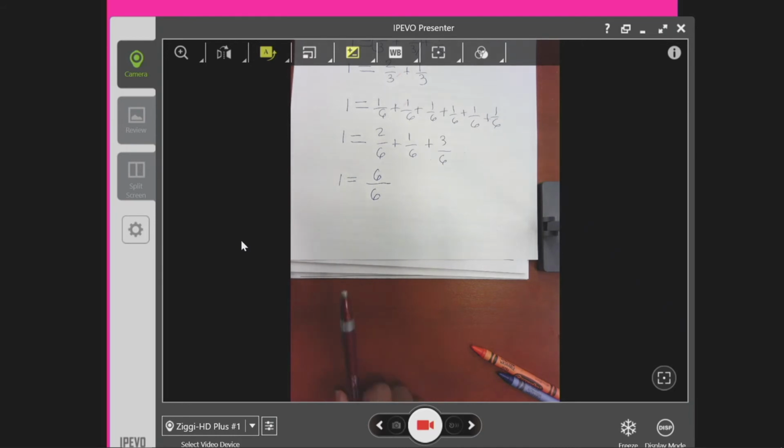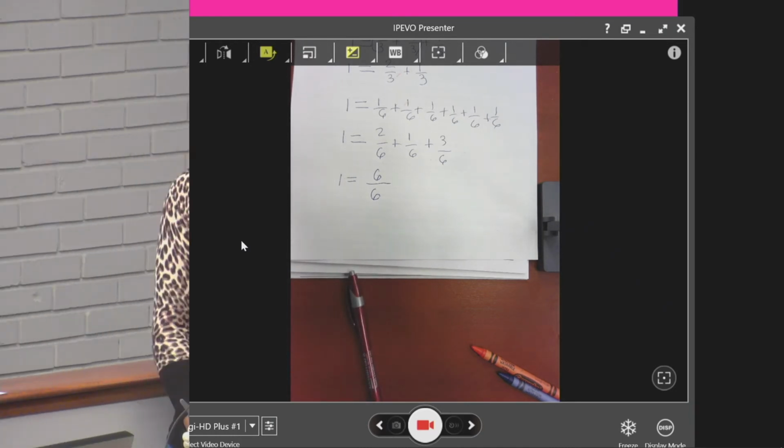I have really enjoyed working with all of you and using the visual models. This is really helpful in understanding fractions. What I would like for you to do now is try to decompose some other fractions.